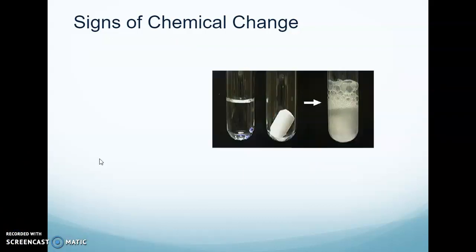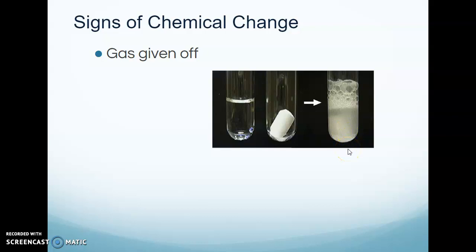Another sign of a chemical change that we will observe in lab is when a gas is given off. This means you're going to see bubbles in a chemical reaction. In the image off to the right, in the first test tube we just have a liquid. When we mix it with the solid, we see bubbles in the product.